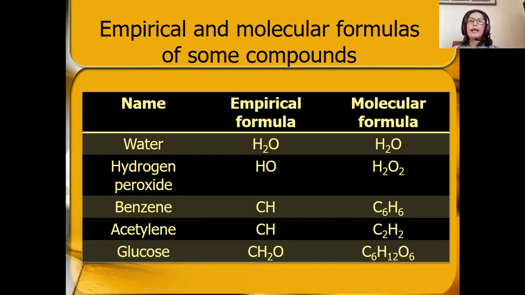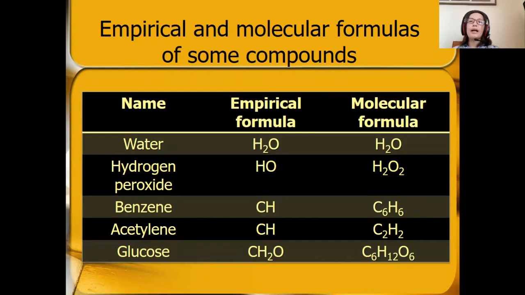So there will be times when you calculate the empirical formula and it is also the molecular formula. In the case of water, the actual number of hydrogen and oxygen in a compound is 2:1. Because that is the simplest ratio, its empirical is also H2O.